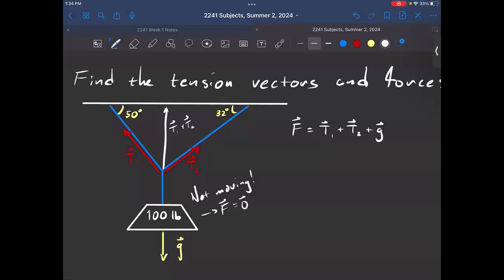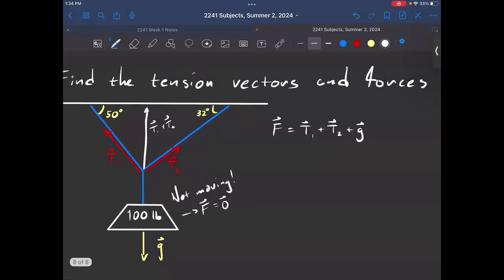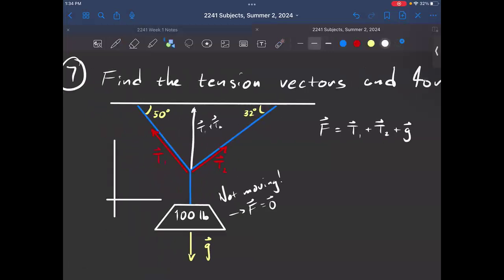So what we really need here is the components of these vectors. That's why they give us these angles up here, 50 and 32. So if we're looking at T1 and T2, and this thing isn't moving at all, well, I've got, again, an implicit XY coordinate system here. X, Y, let's just make it like that.